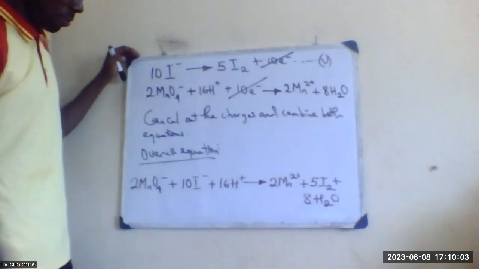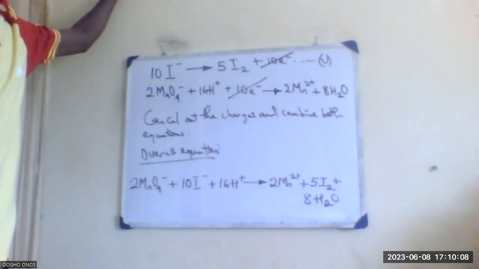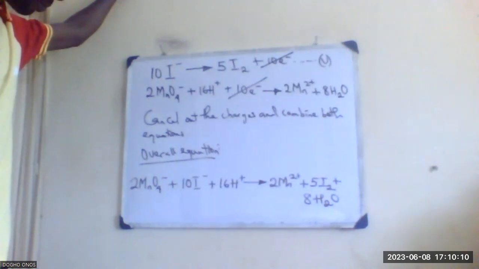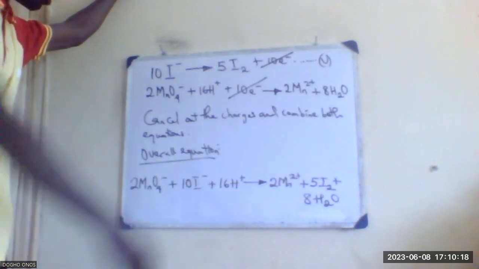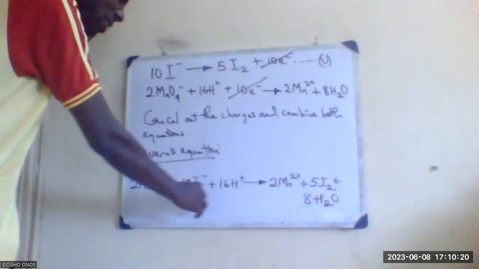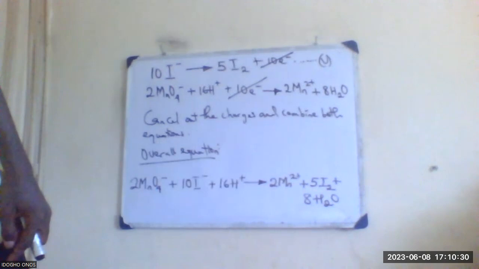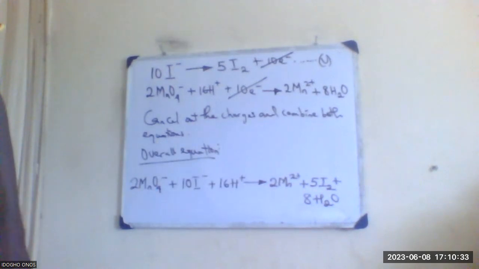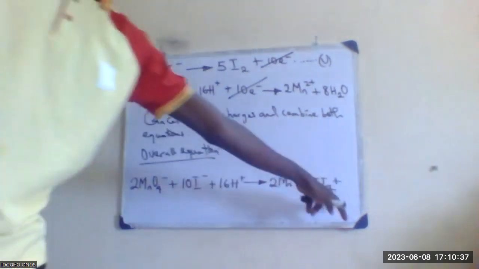Sir, why didn't you first write the equation before introducing the 10 iodine? Why do you put the 10I- in between? Yes, the 10I- should come before your hydrogen ion, or if you want, the 16H+. You are asking why the hydrogen is in between?